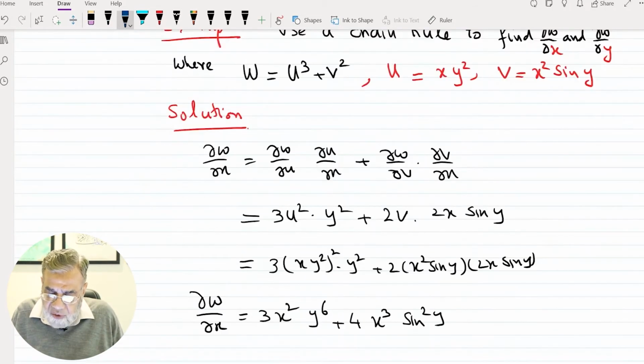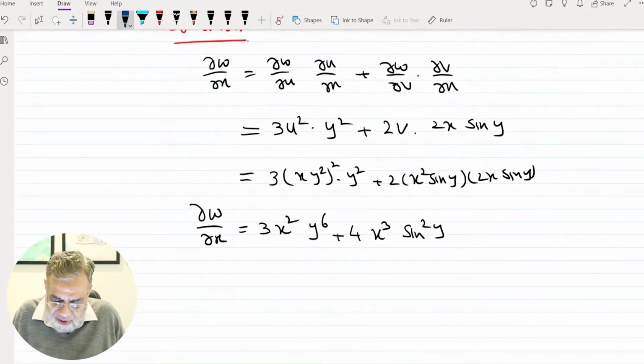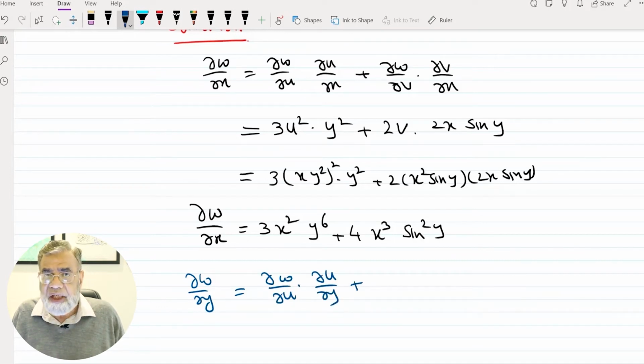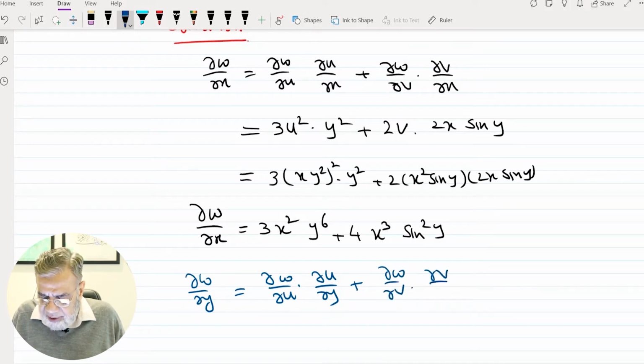I want to find partial w by partial y. We write the formula. We have here partial w by partial y is equal to partial w by partial u into partial u by partial y. Then we have in the second term partial w by partial v into partial v by partial y, exactly as before.